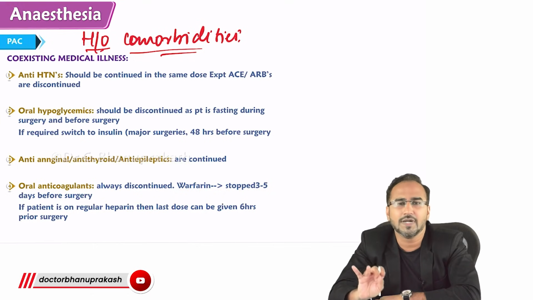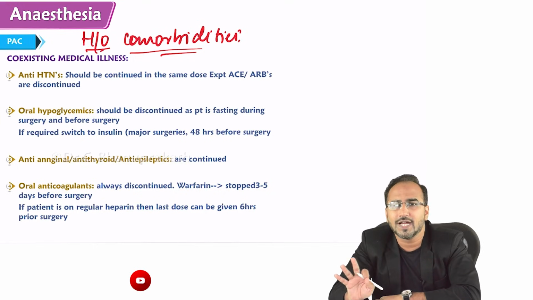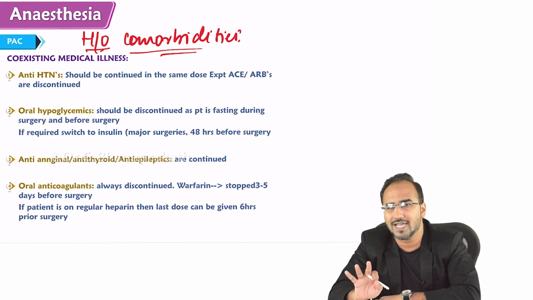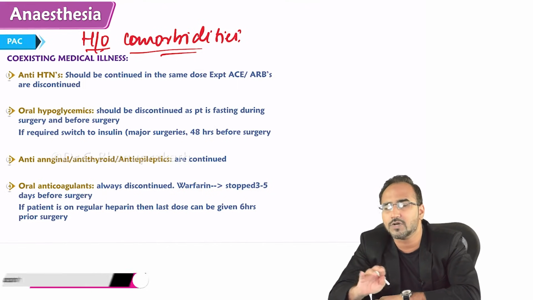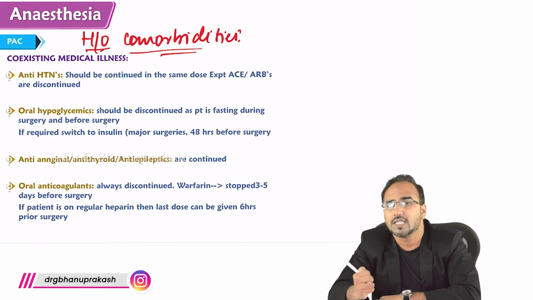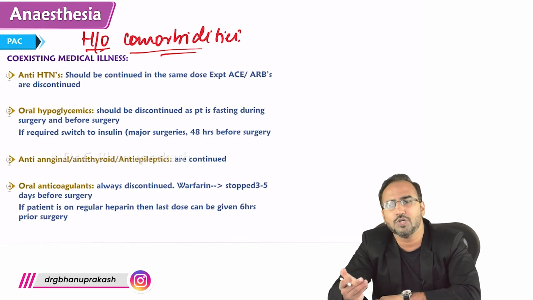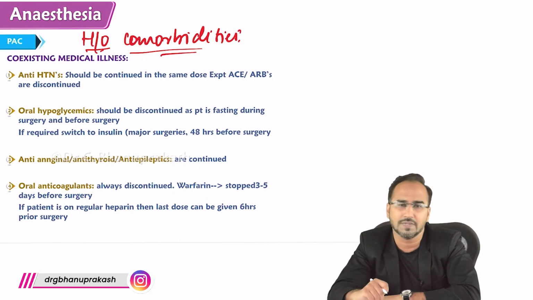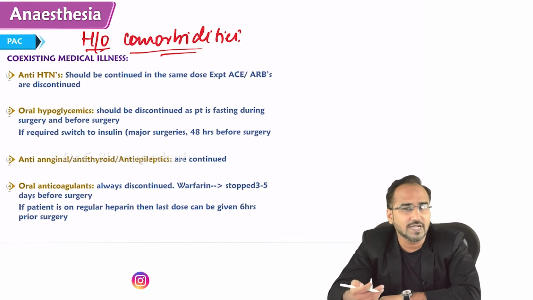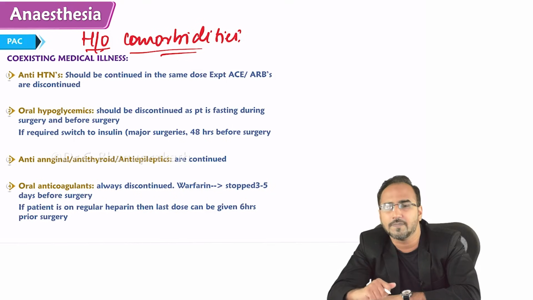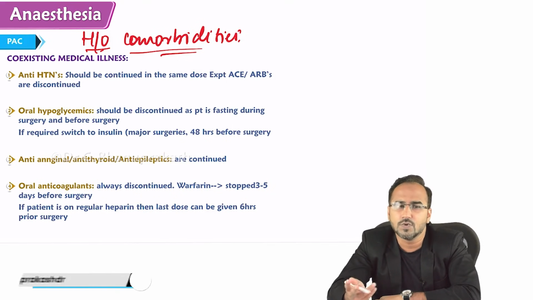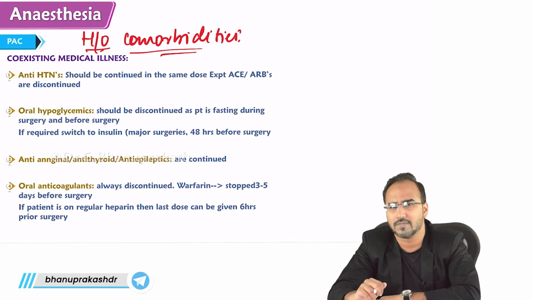Diabetes, hypertension, coronary artery disease, thyroid disorder, epilepsy. If a female, you have to take the history of OC pill. If the patient is suffering from depression, you have to take the history of antidepressant drugs. Smoking history, this history you have to take.